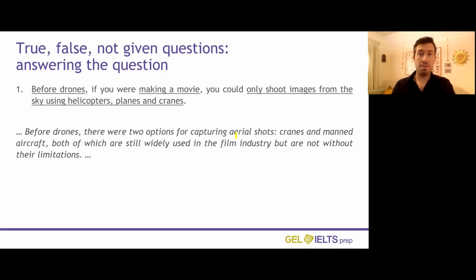So let's start with before drones, because we can see that that is directly in here. We can also look at making a movie. That would be used in the film industry. Those are synonyms there. Okay, so it contains that bit. And we've got only using. And here we've just got two options. So that suggests there were only these two options.